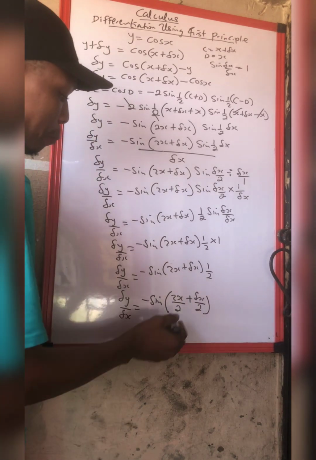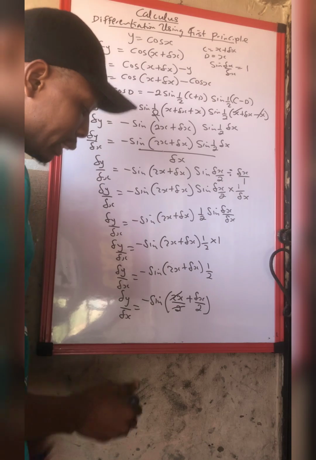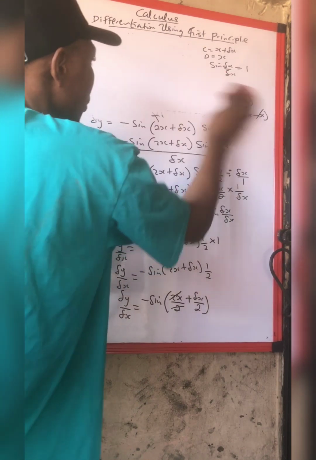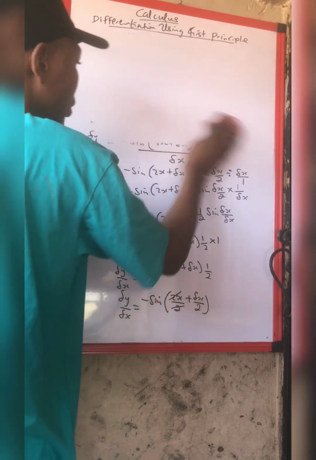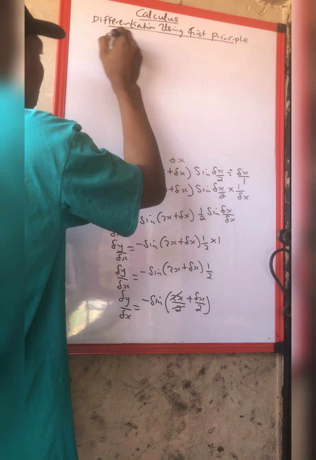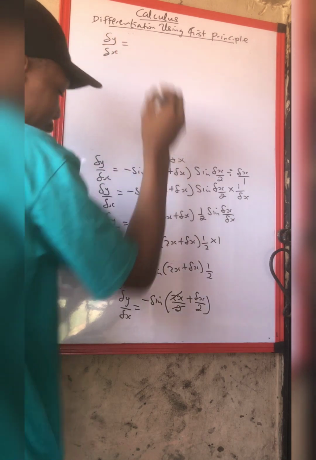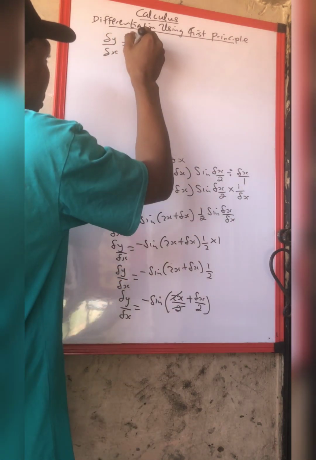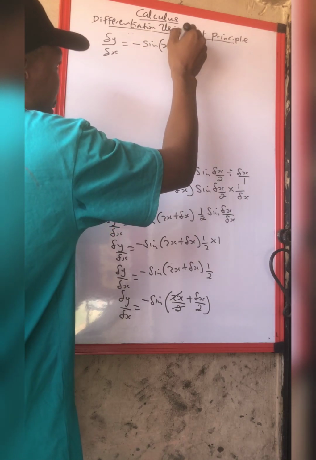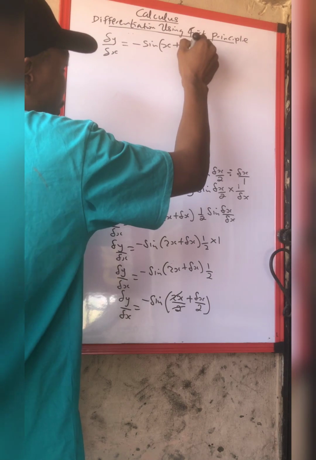From there this can cancel out this. If that cancels out, we are left with minus sin of x plus change in x over 2.